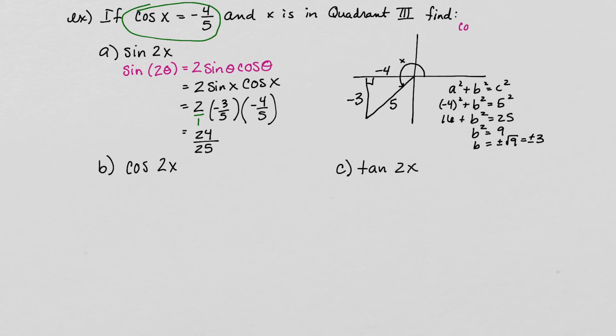The cosine of 2 theta is equal to cosine squared theta minus sine squared theta. Also, the cosine of 2 theta is equal to 1 minus 2 sine squared theta. And the cosine of 2 theta is equal to 2 cosine squared theta minus 1.